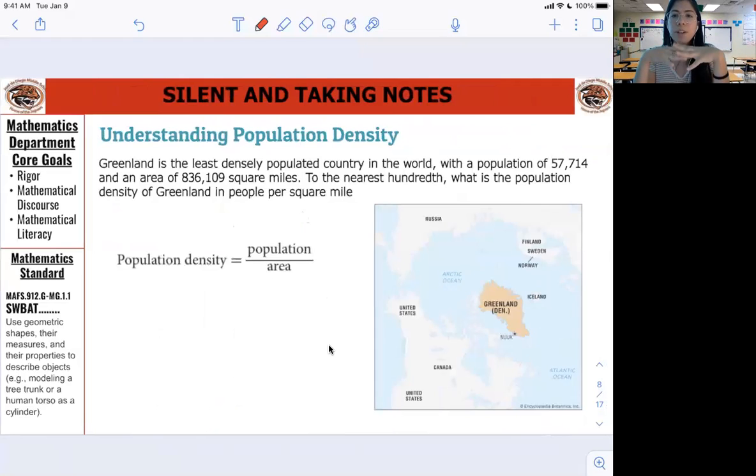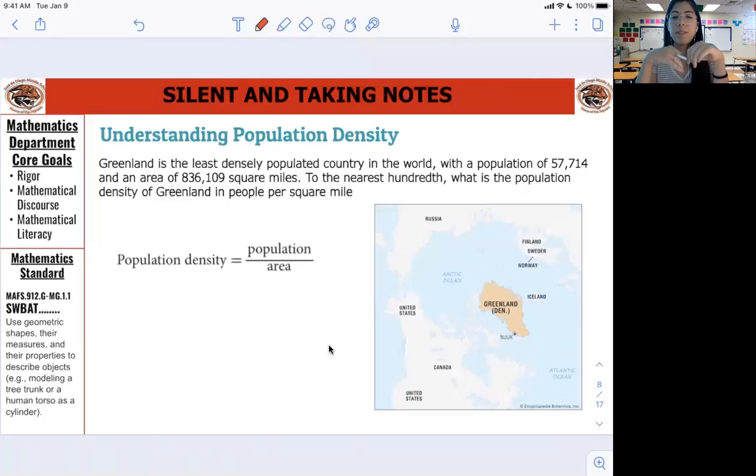So what do you guys think? Which city would have a higher population density? Miami or New York City? Which one has a higher population density? Which one's more crowded? New York City, exactly.